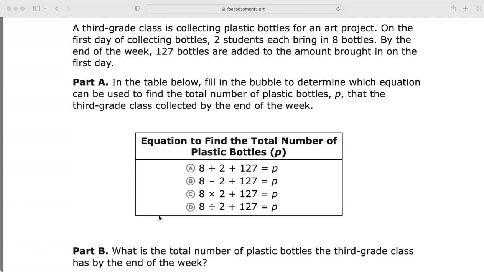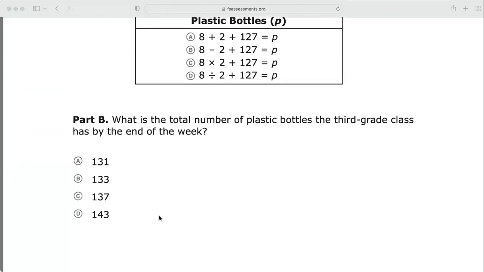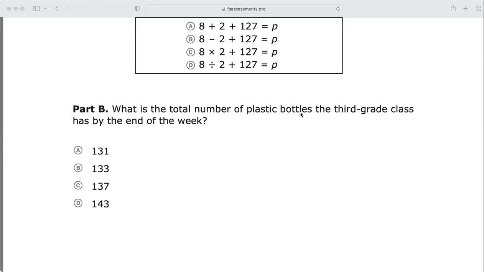Now let's look at part B. What is the total number of plastic bottles they had by the end of the week? So if we know that the answer choice was C, 8 times 2 plus 127, 8 times 2 is 16, plus 127.